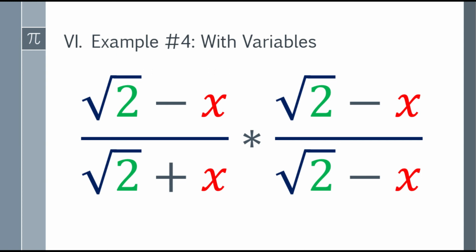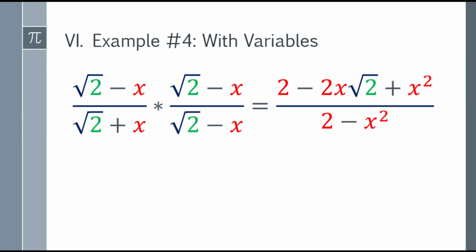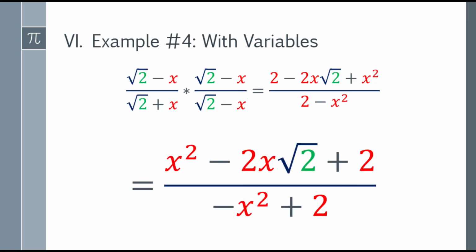Multiply them, so that will be, sa numerator part, that will be 2 minus 2x square root of 2 plus 1 ang x squared. So, denominator naman, that will be 2 minus x squared kasi difference of 2 squares. At ayusin na lang natin siya. Unahin natin yung mataas na degree sa unahan. So, numerator, that will be x squared minus 2x square root of 2 plus 2. And the denominator will be negative x squared plus 2.